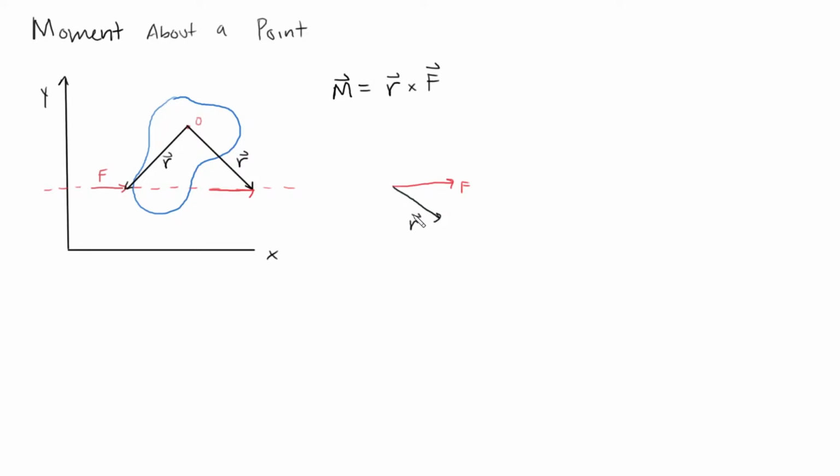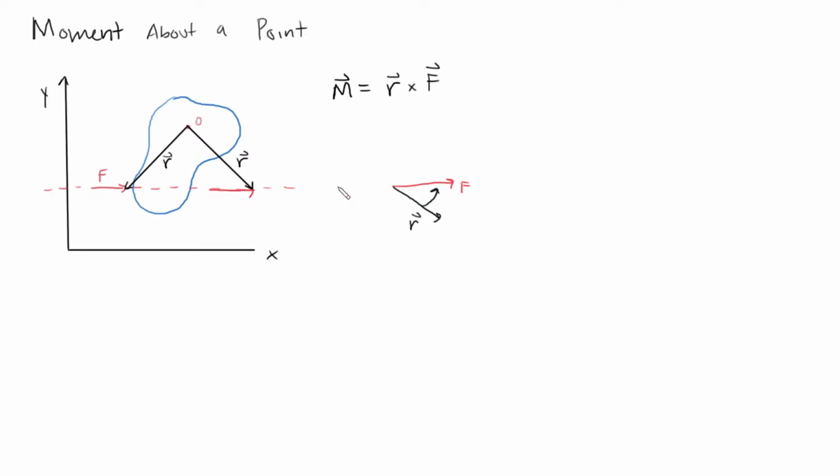So when we do r cross F, we're crossing this way, and by the right-hand rule, the vector M will point outside the screen, not into the screen, but outside the screen facing towards you. And what that means is that the vector itself is perpendicular to both r and F.